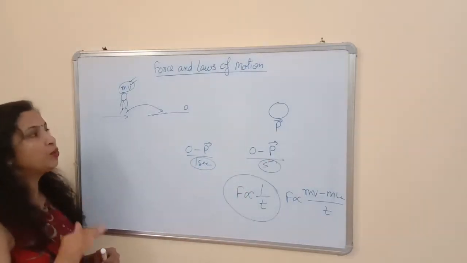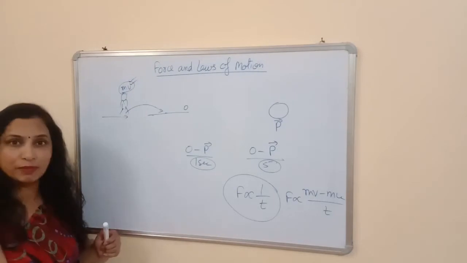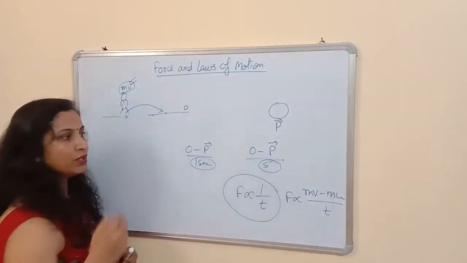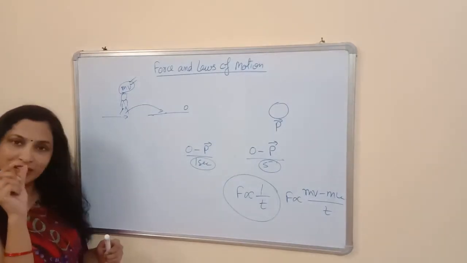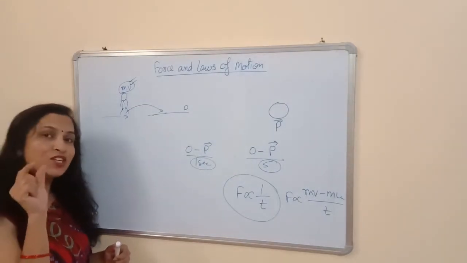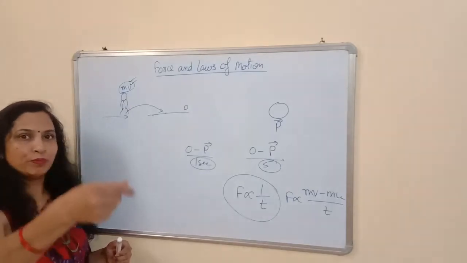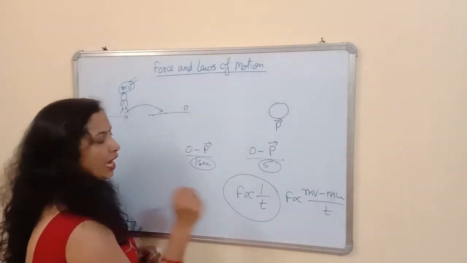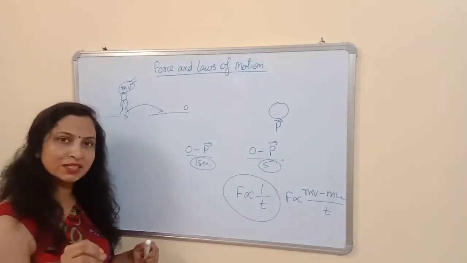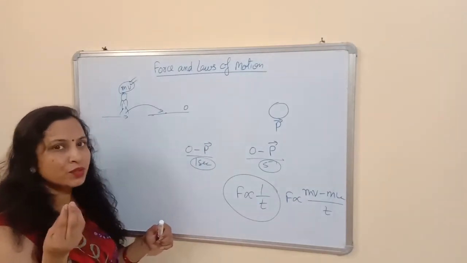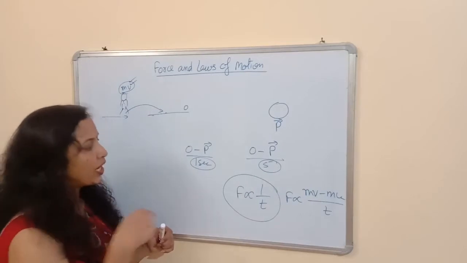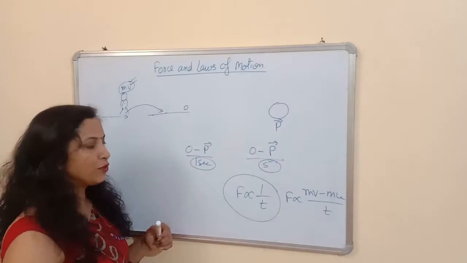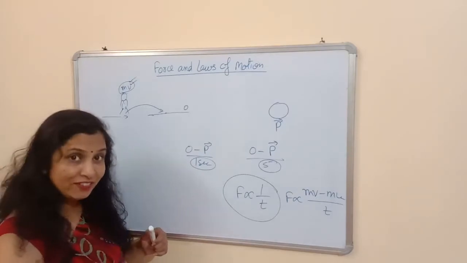Now the time taken to change our momentum to 0 is decreased. It's a very short period of time. We know that force is inversely proportional to the time taken. So the force applied on the person will be large and he will get hurt.